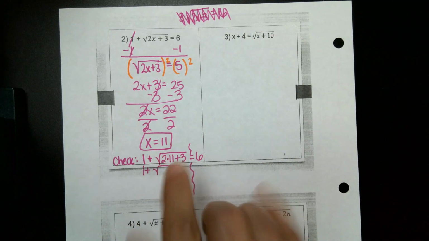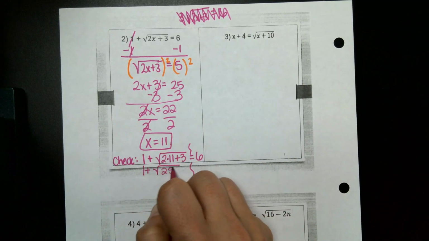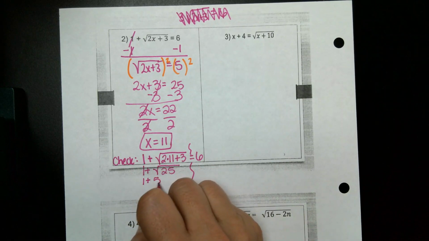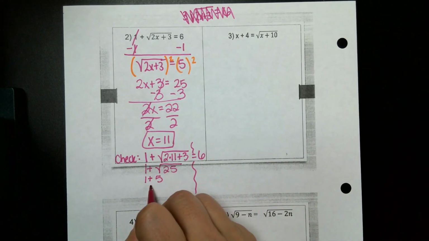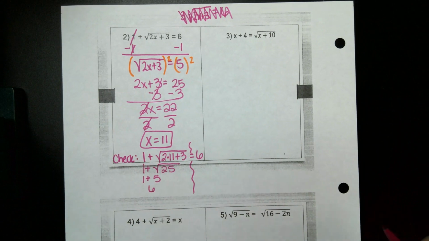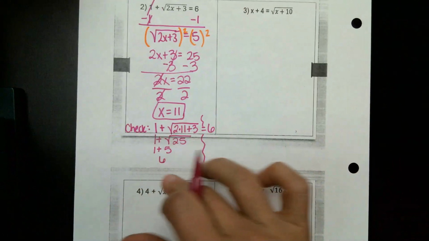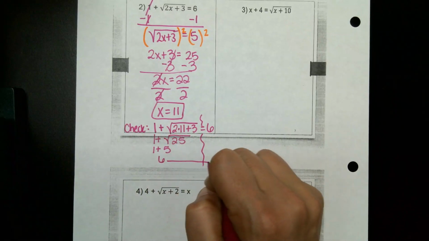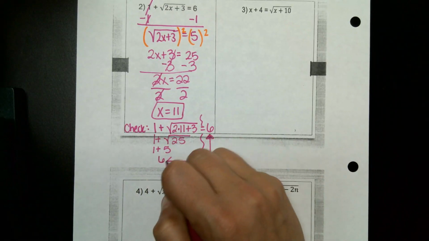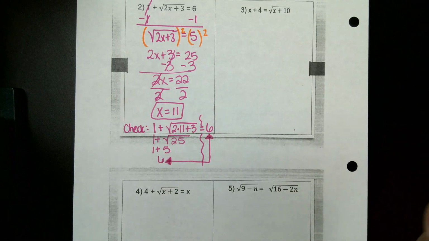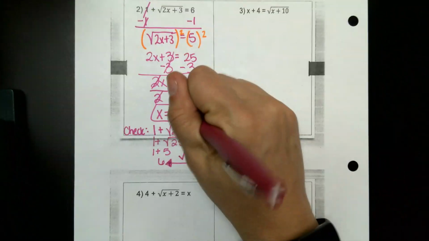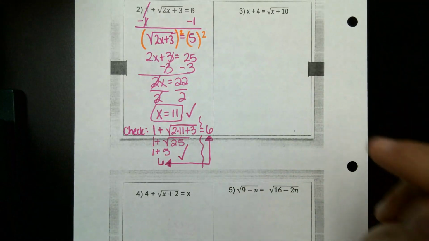And 22 plus 3 is 25. What is the square root of 25? 5. And what is 1 plus 5? Okay, so look, I only simplify one side. I usually just simplify the left side, and then I look to see, did it match the original answer? Yes. Since that matches, that is a true statement, therefore x does equal 11.